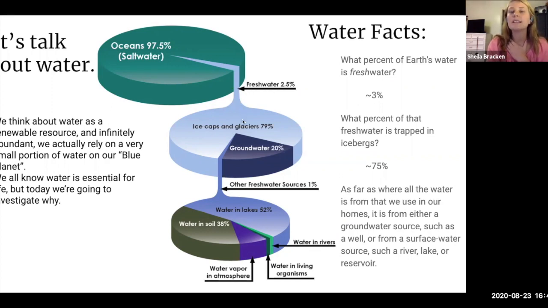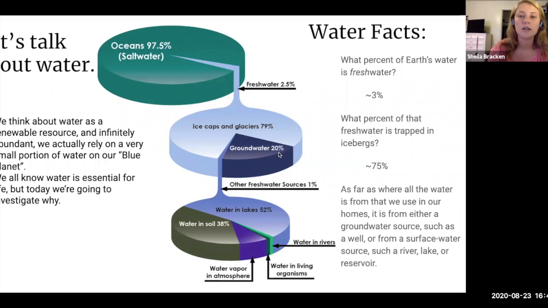Okay, so what percent of that fresh water is trapped in icebergs and glaciers? That's, again, another huge chunk of it, right? And the rest of it is in the ground as groundwater. That's in the soil, maybe absorbed under some plants, right?